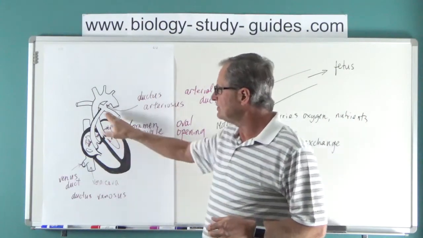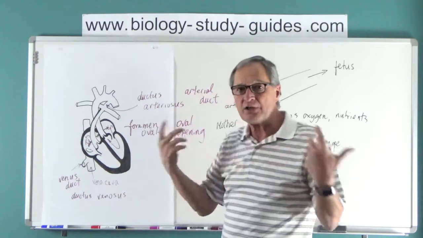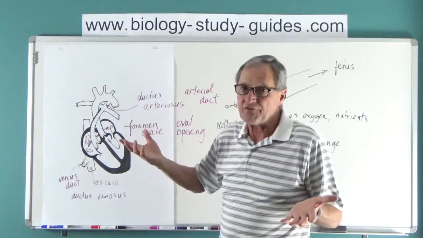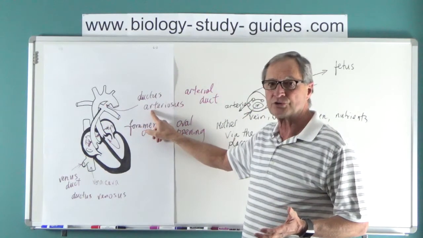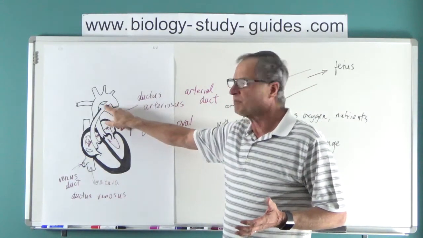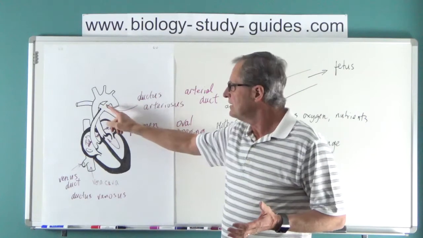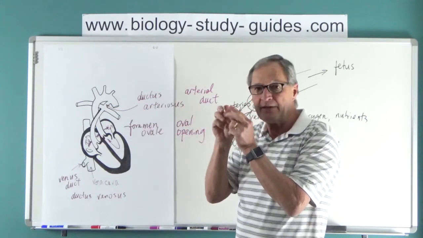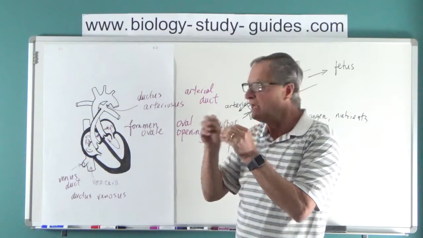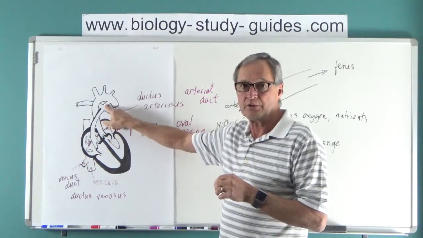So that increases the amount of blood that can travel into the lungs. The effect of that is, of course, it's going to decrease the amount of blood in the ductus arteriosus. With a decreased amount of blood in this ductus arteriosus, the endothelial cells inside it, the ones that line the lumen, start dividing by mitosis, and it actually grows closed.